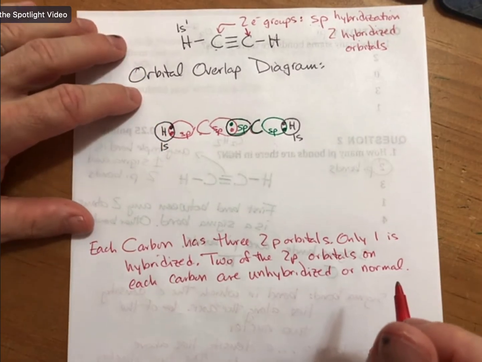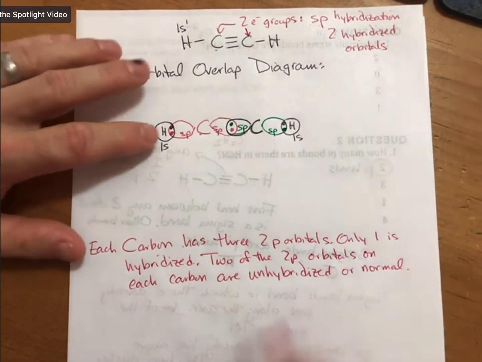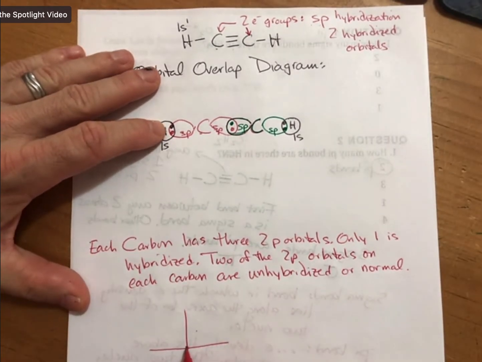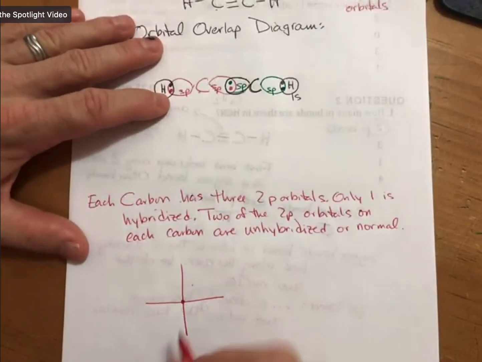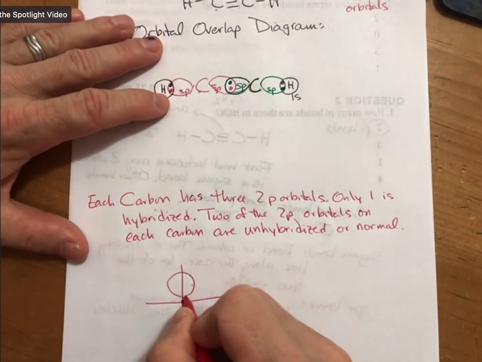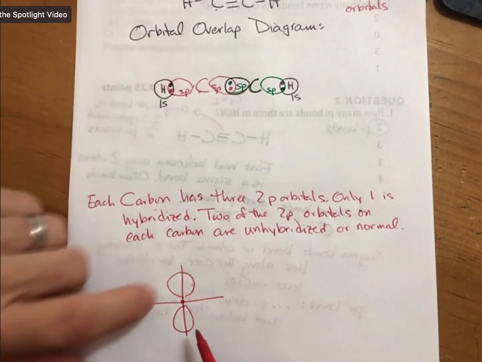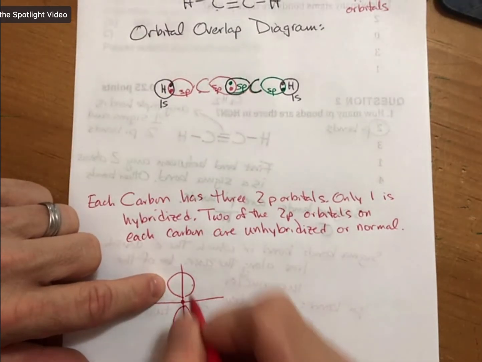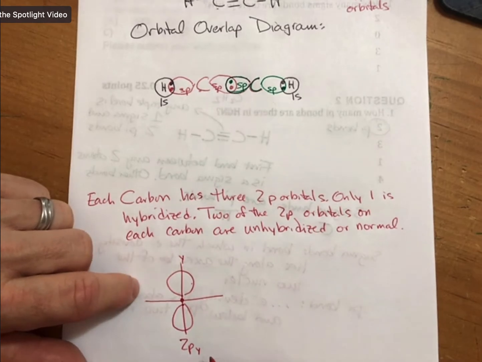And by normal, what I mean is, okay, here's an axis. This is 2py because it's along the y-axis.